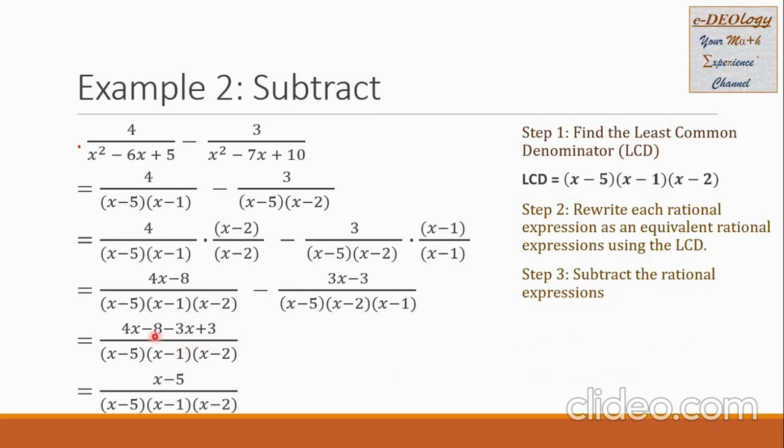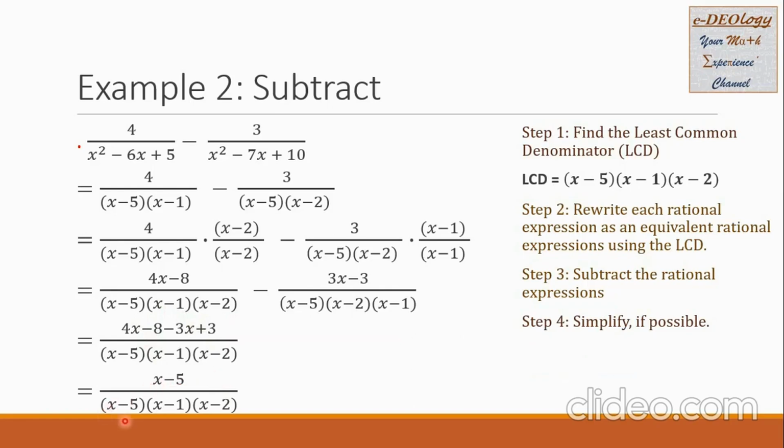Let us now combine the 4x and this negative 3x becomes x. This negative 8 and positive 3 is now combined into negative 5. Step 4, we can simplify if possible. I observe we have here x minus 5 in the numerator.